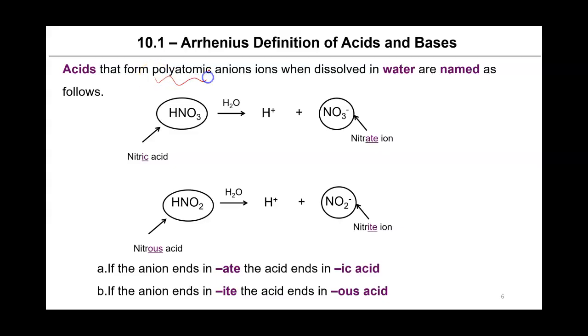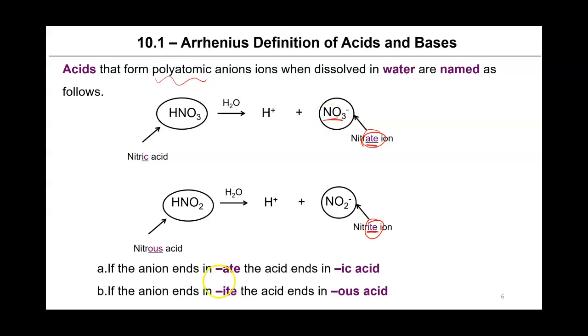Acids that form polyatomic ions when dissolved in water are named as follows. We have to look to see whether the ion that is formed ends in the letters ate or ite. So for example, this acid up here forms the nitrate ion.